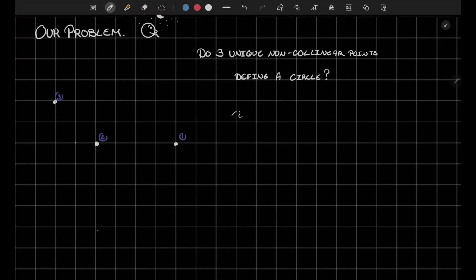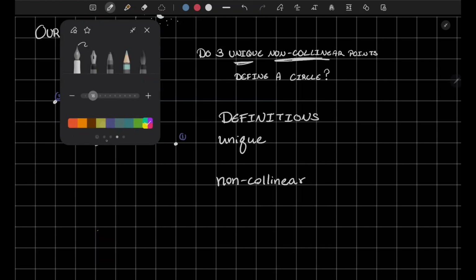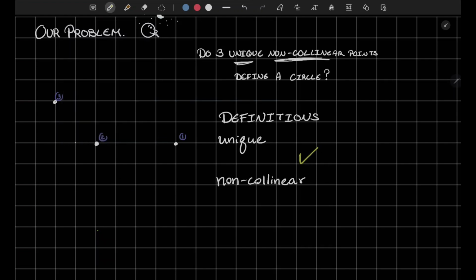We've got the terms unique and non-collinear, so let's put them down here. Definitions. Unique and non-collinear.